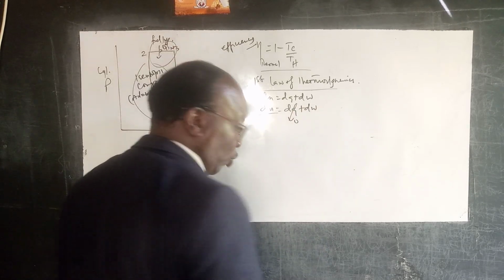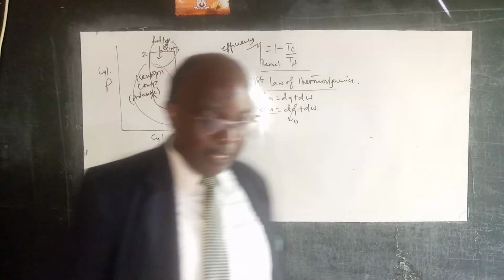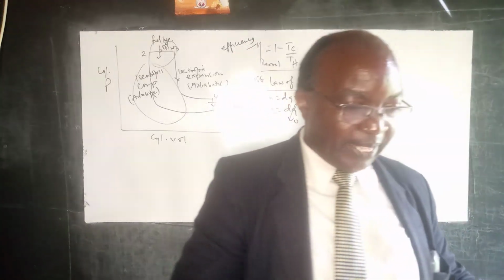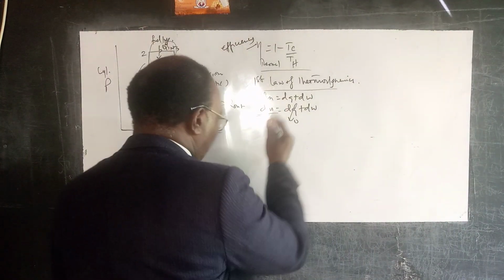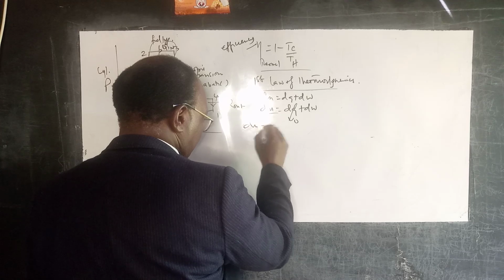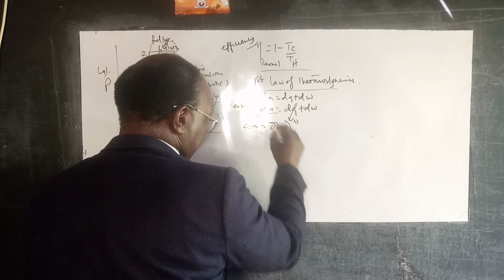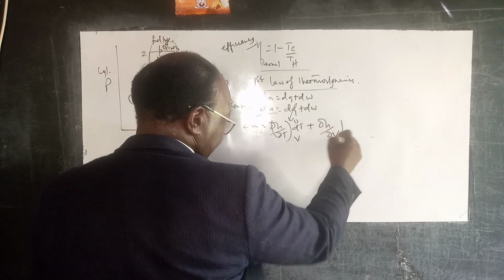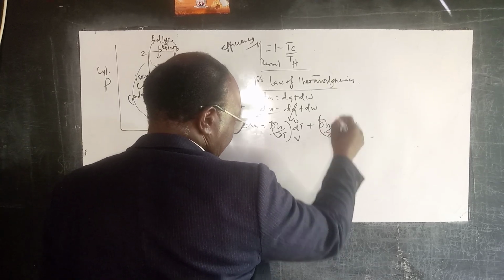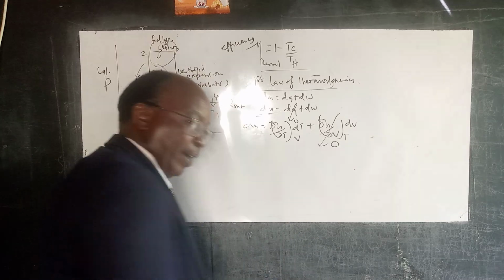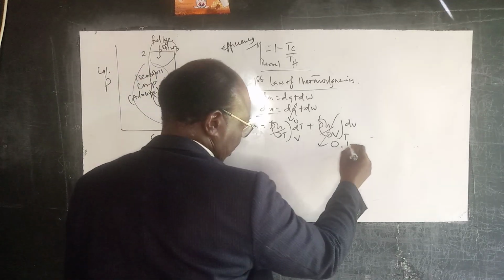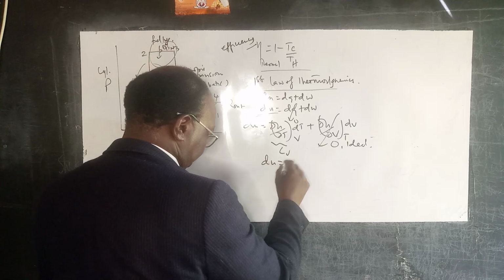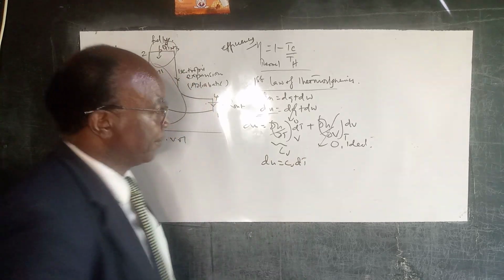But remember, for ideal systems, dU equals Cv dT, because in the total derivative, the exact differential for dU is (∂U/∂T) dT at constant V plus (∂U/∂V) dV at constant T. This coefficient here is 0 for ideal systems. Therefore, we are left with dU equals Cv dT.